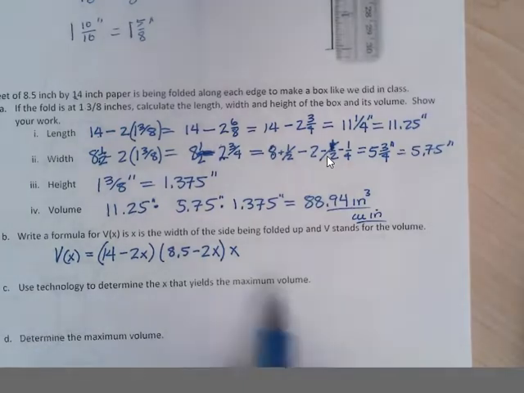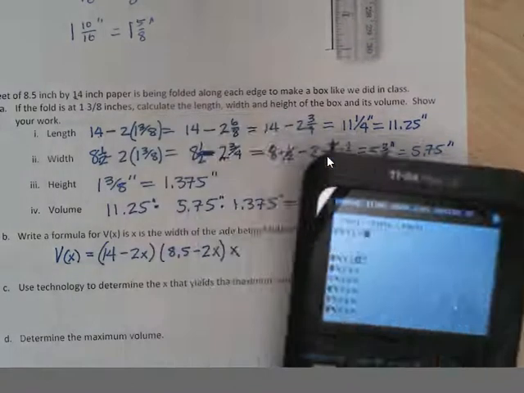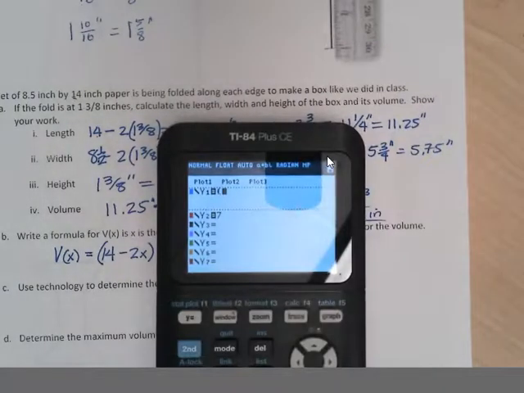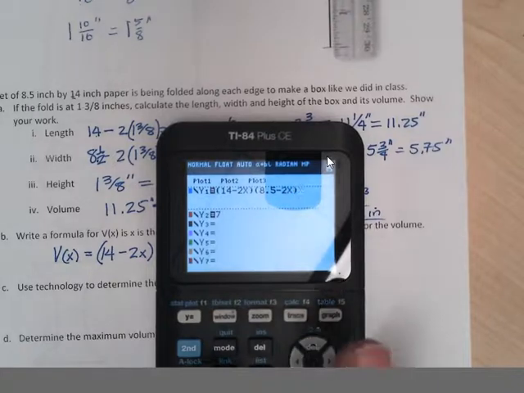And then if we use technology to find the maximum, we would type exactly that: 14 minus 2x, close parenthesis, open parenthesis, 8.5 minus 2x, close parenthesis, times x.